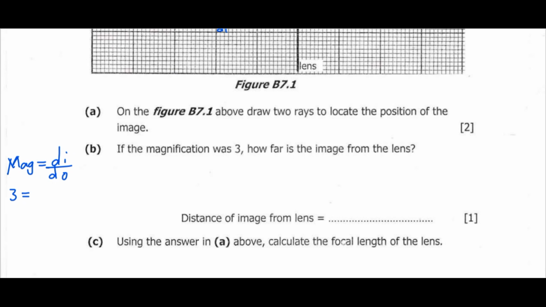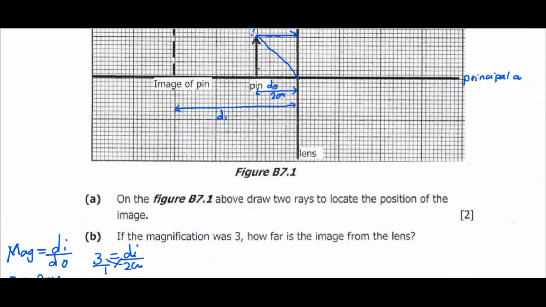Distance of an image is what we are solving for. Distance of an object is 2 centimeters over 1. We cross multiply. Di times 1 is just di. 2 times 3, we get 6 centimeters. So this is the distance of an image.